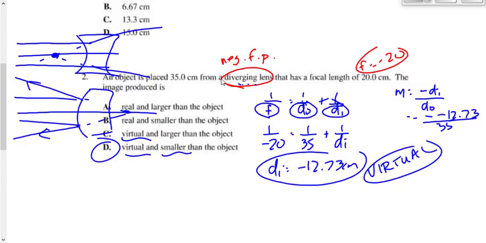So let's look at one that produces a real image first, okay? So let's say we have a converging lens, or we could have a converging mirror as well, but we're dealing with lenses right now. Converging lens, here's the focal point, here's 2f, okay, here's f and 2f on the other side, just as spacers. We have an object over here.